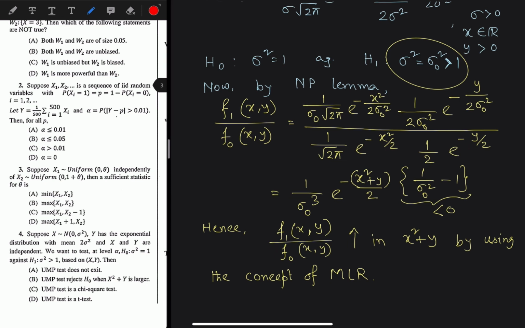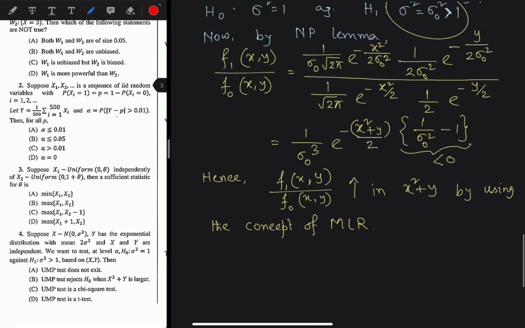So we can say that f1 by f0 is increasing in x square plus y. Okay, and we can see that the alternative hypothesis is sigma square greater than 1. So that means we can easily verify option B, which says that the UMP test rejects H0 when x square plus y is larger. Okay, so option B is the correct option.